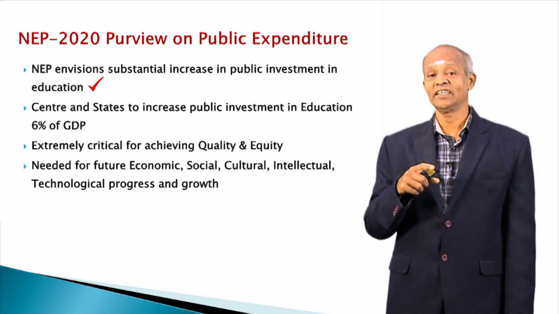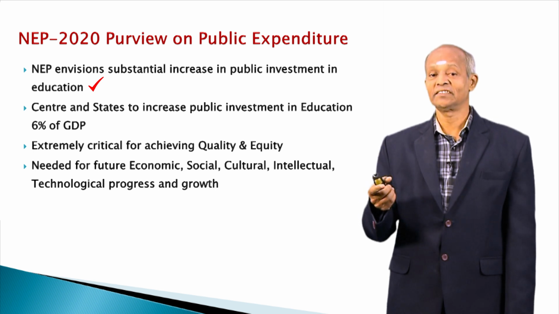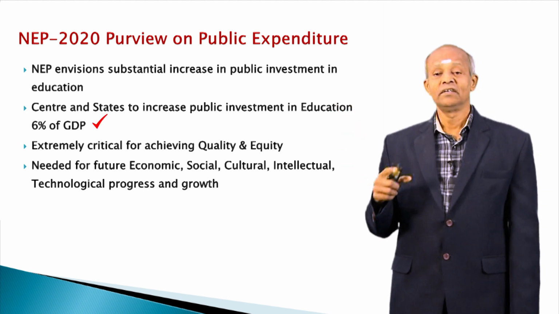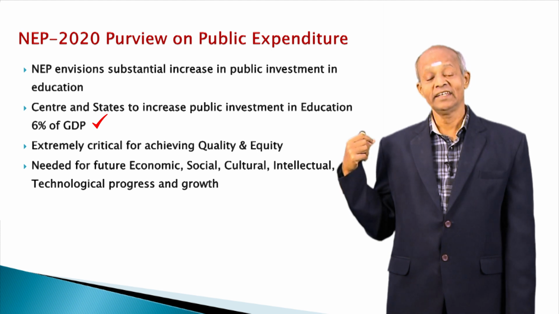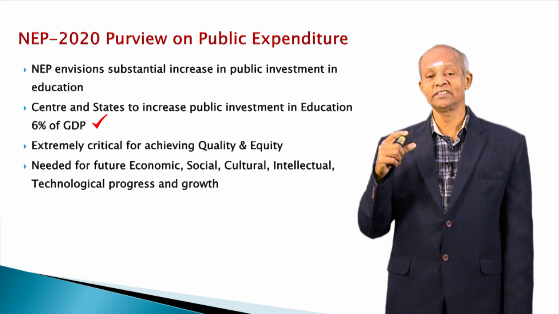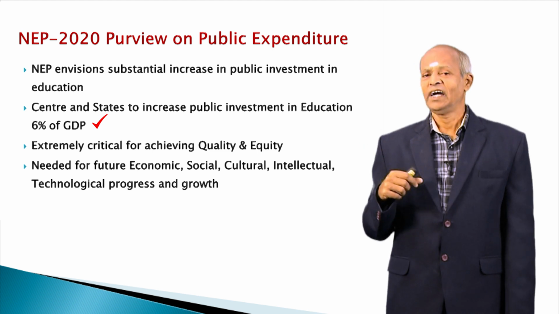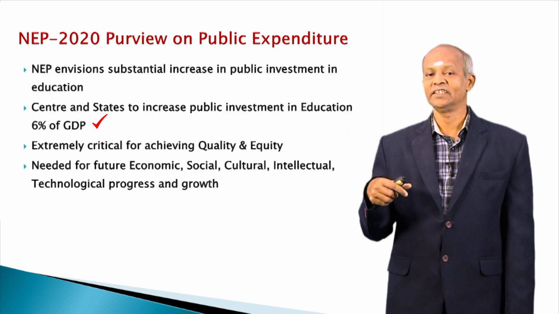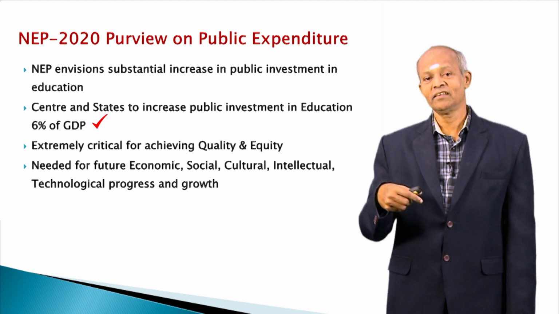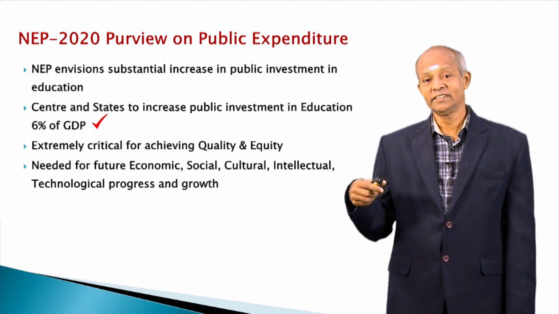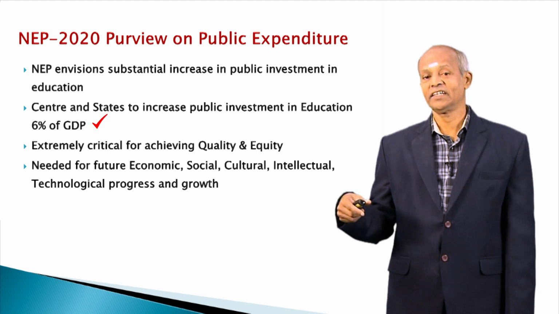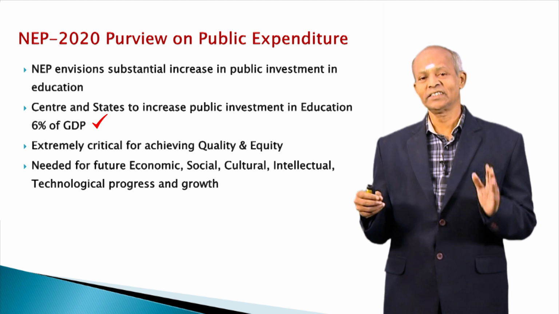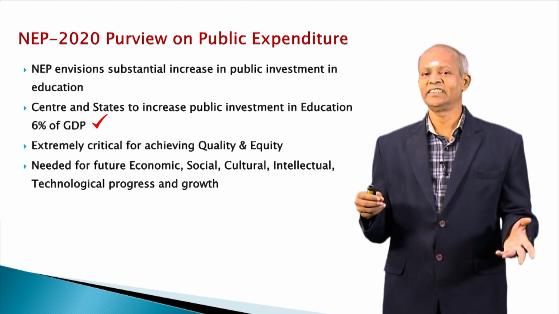So, NEP is suggesting that the public financing of education should be increased, and the center and states should increase the public investment to 6% of the GDP. GDP means gross domestic product, and this is not a new thing. All the previous education policies, NEP 1968, NEP 1986 and the Program of Action 1992, have already advocated 6% of the GDP for education.